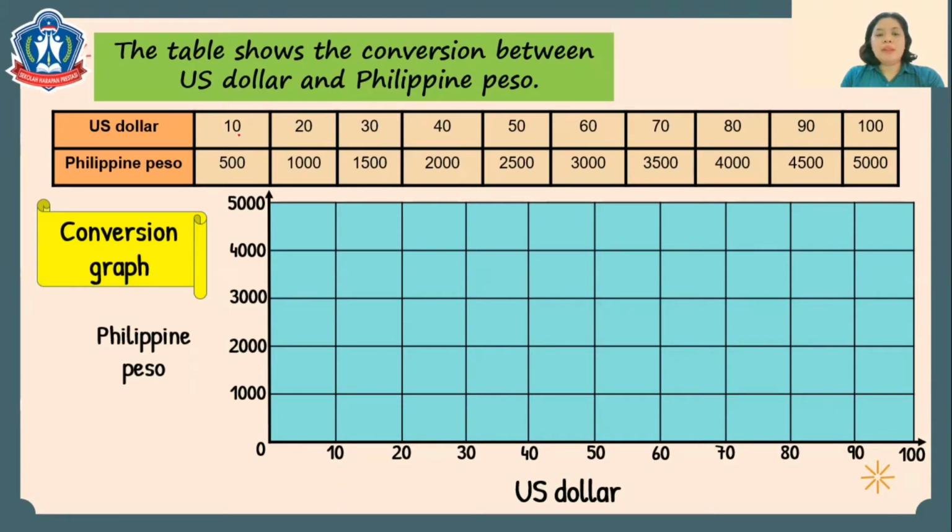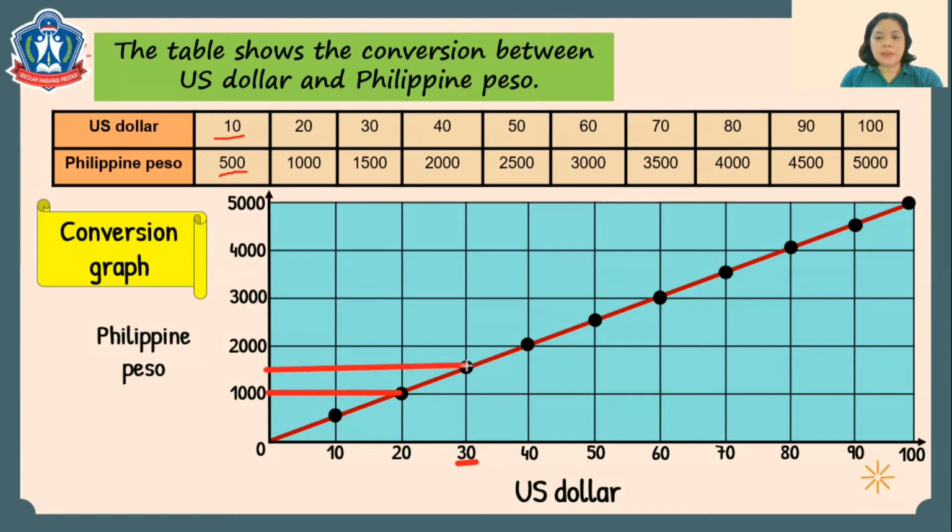In our table, if you have 10 US dollars, the conversion is 500 Philippine pesos. If you have 20 US dollars, that is equivalent to 1,000. If you have 30 US dollars, that is between 1,000 and 2,000, and that is 1,500 Philippine pesos.